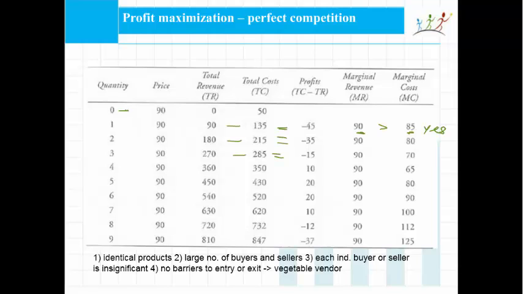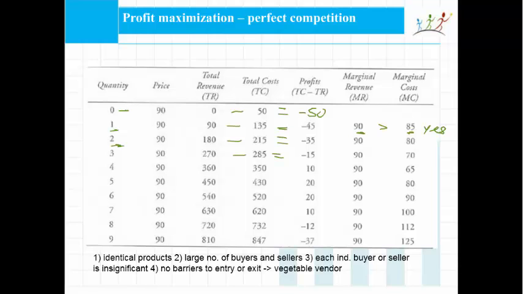At a quantity of 0, what is my total profit? It is 0 minus 50 equal to minus 50. If I produce 1 unit, my profit goes up from minus 50 to minus 45, or my loss comes down.